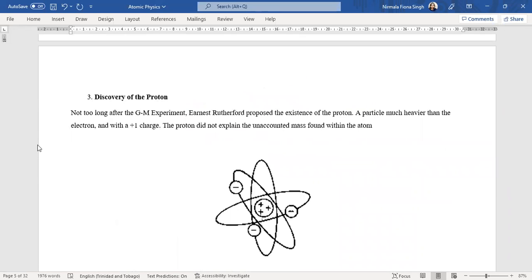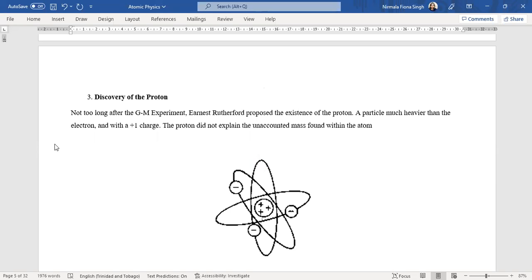All right, not too long after the Geiger-Marsden experiment, Rutherford proposed the existence of the proton, because they already knew after this experiment that there had to be a positive charge in the middle of our atom, right? This positive charge balanced out the charge of the electrons.